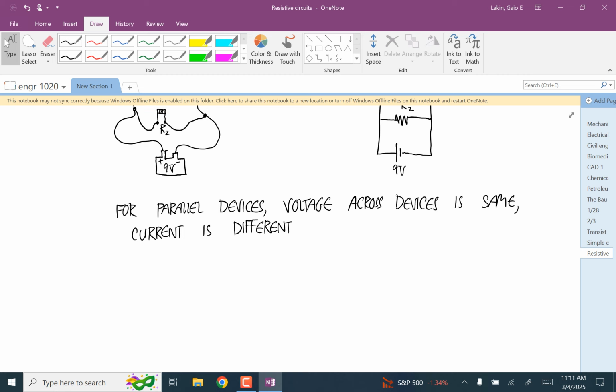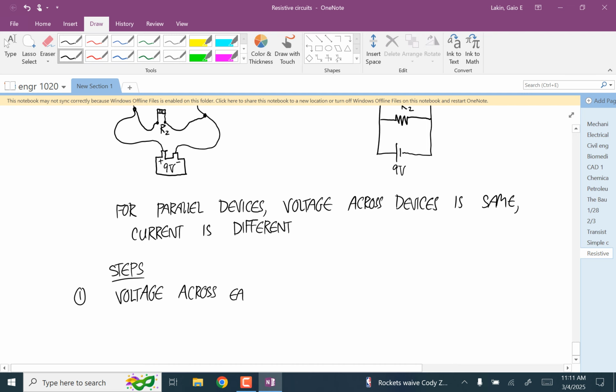So the steps we're going to use for these are, first, the voltage across each resistor is the total voltage.